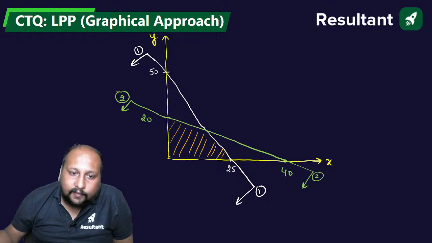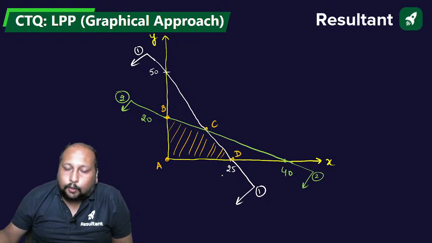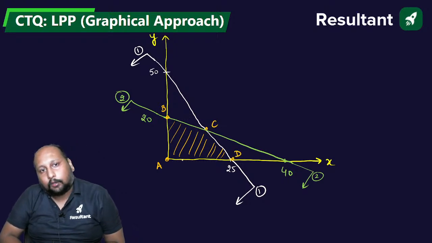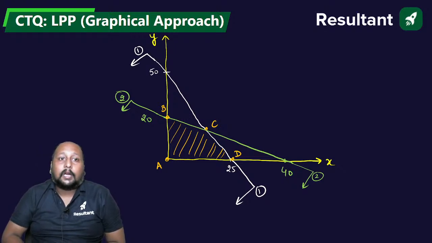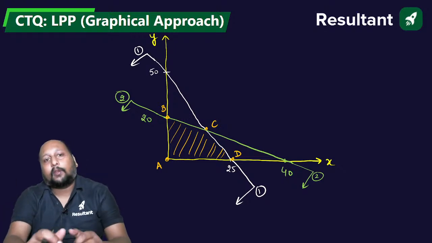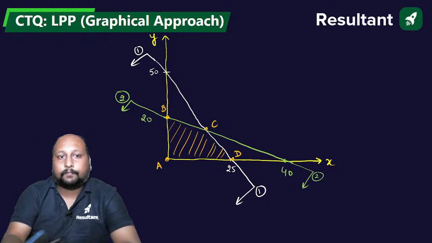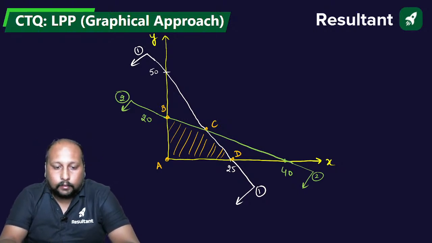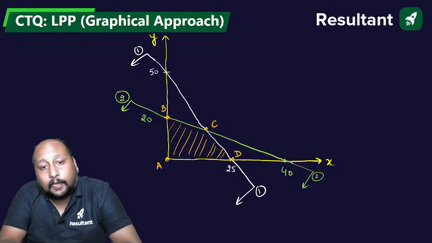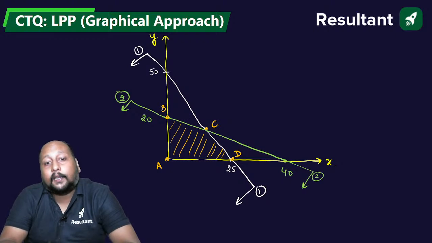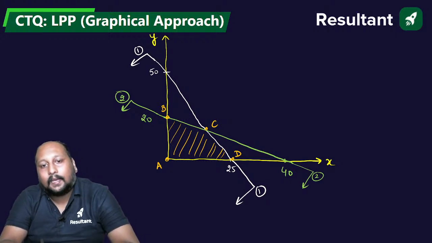If I identify the corner points, let's say this is A, B, C, D. According to the corner point rule, the optimal value will always be located at a corner of this graph. Clear? One second guys. The optimal value will always be located at a corner point of this graph. Clear? So first of all, tell me the coordinates of points A, B, C and D.